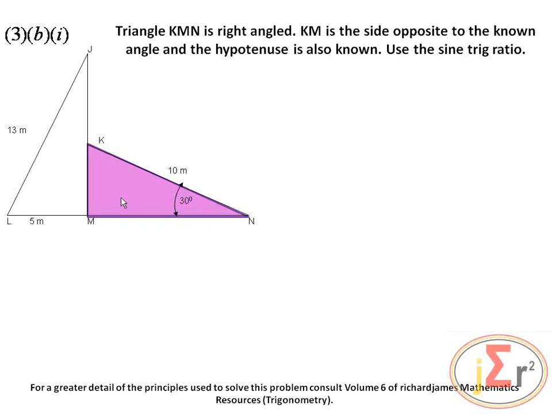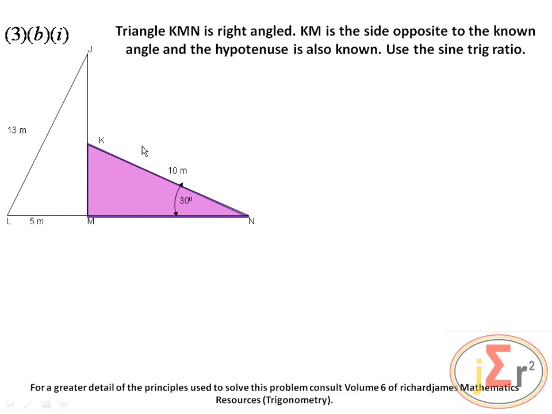In this right angle triangle, KM is opposite to the known angle and the hypotenuse is also known. So, if we are using opposite and hypotenuse, we know that we are talking about the sine trig ratio. And of course, sine is equal to opposite over hypotenuse.